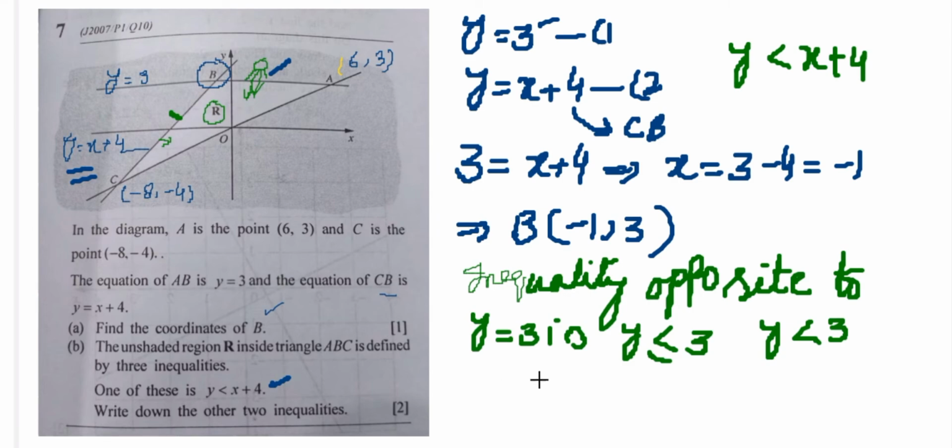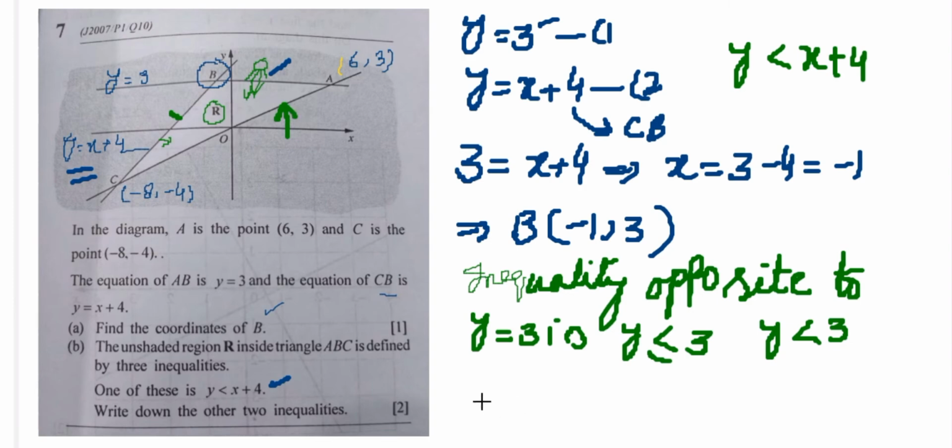The next inequality is given by this inclined or oblique line. Firstly we need to find the equation of this oblique line. You can see this oblique line passes through the two points A and C, and one of the points is the origin O. So firstly we find the gradient of this line.